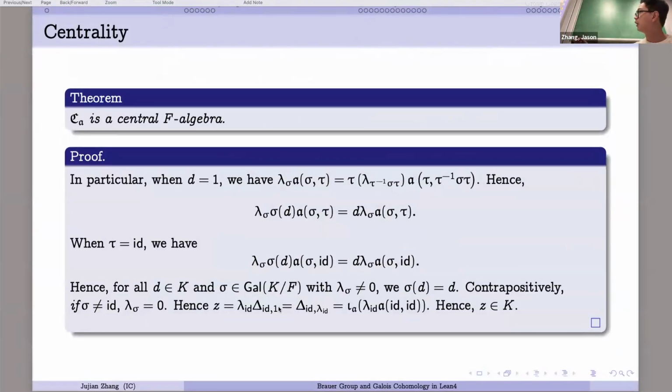And when tau is equal to ID, in particular, this equation holds. That means for all d in K and all automorphisms, if the coefficient is not 0, then sigma d must be equal to d. Equivalently, this means if sigma is not the identity, then the coefficient is 0. So this means our arbitrary element actually has a very specific form, this form. And because it is in the image, Z must be in K.